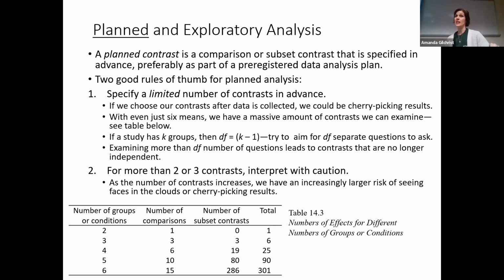Don't pick all 3. If you have 6, only do 5 comparisons or contrasts. Examining more than that will lead to contrasts that are not independent from each other. And for more than 2 or 3 contrasts, interpret with caution. As the number of contrasts increase, you have a greater likelihood of falling for a false alarm and inflating your type 1 error rate.